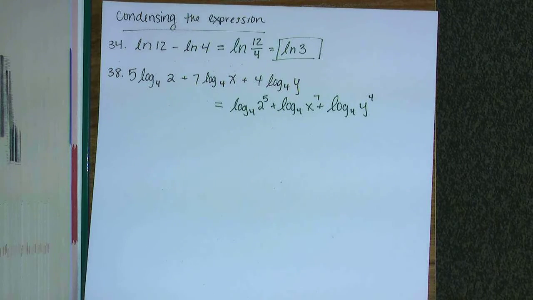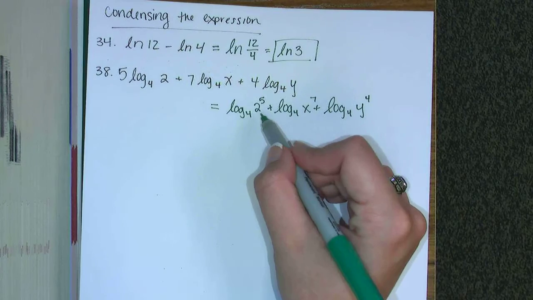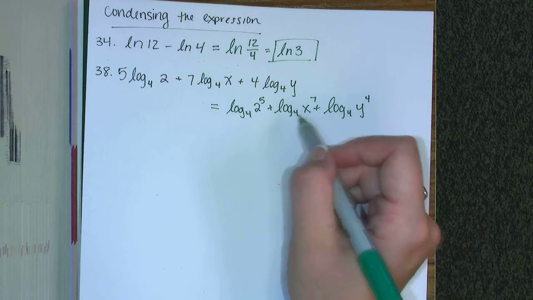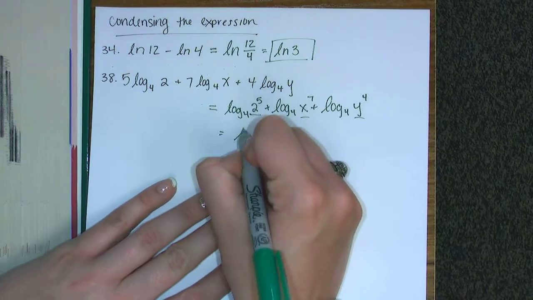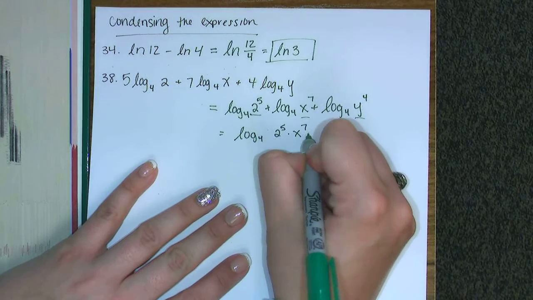Now, when I'm going to condense these together, they're all adding, so they're all being multiplied, so I can go ahead and just write out each one of them here. So this is equal to log base 4 of 2 to the 5th times x to the 7th times y to the 4th.